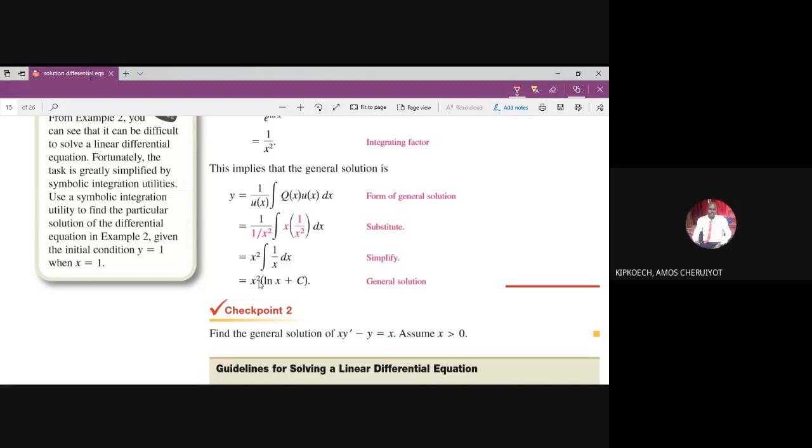I'm saying 3 is coming from x cube, which is the same as 3 ln of x. You just apply the laws of logarithms, and it will be the same as this one. When we leave it this way, it will also be okay.